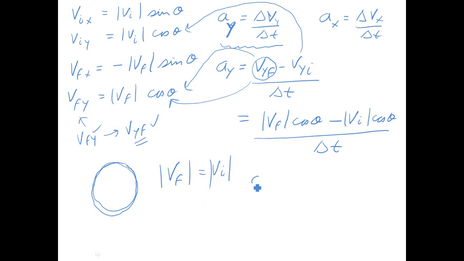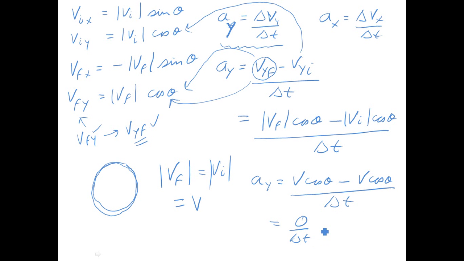So look what that acceleration in y gives you. Let's just define this as a large v cos theta minus v cos theta over delta t. And that is simply 0 over delta t, or 0.